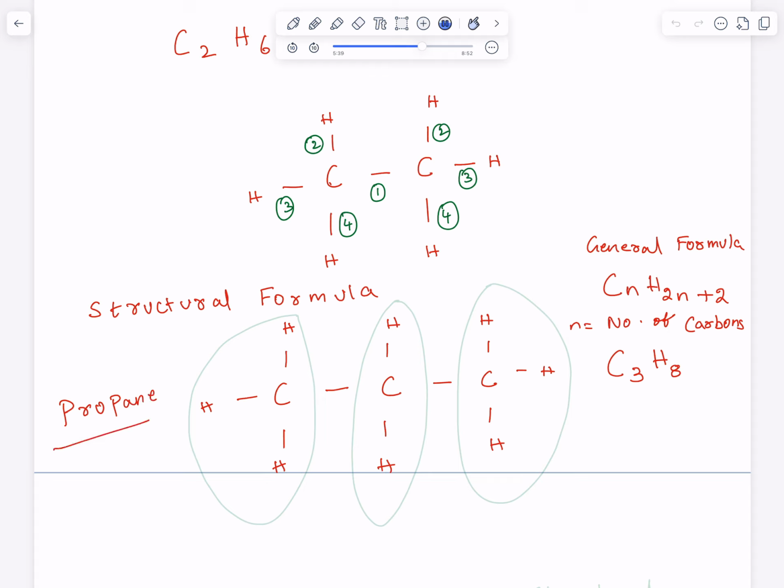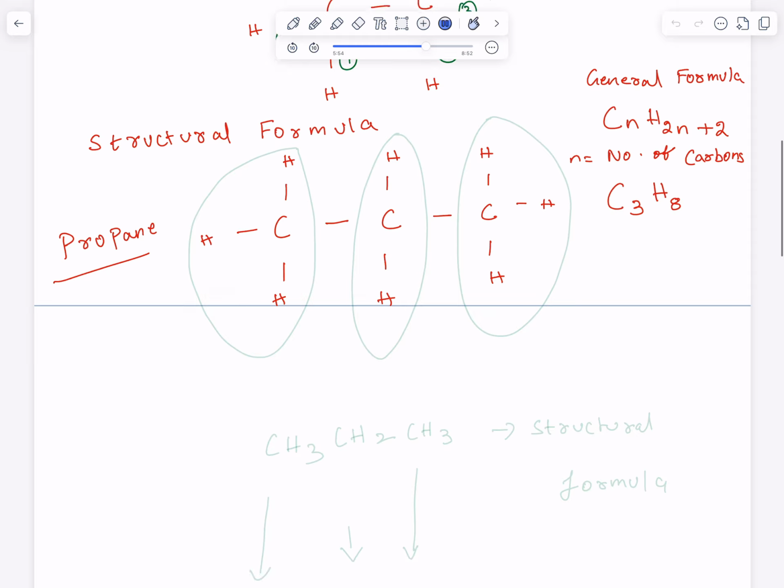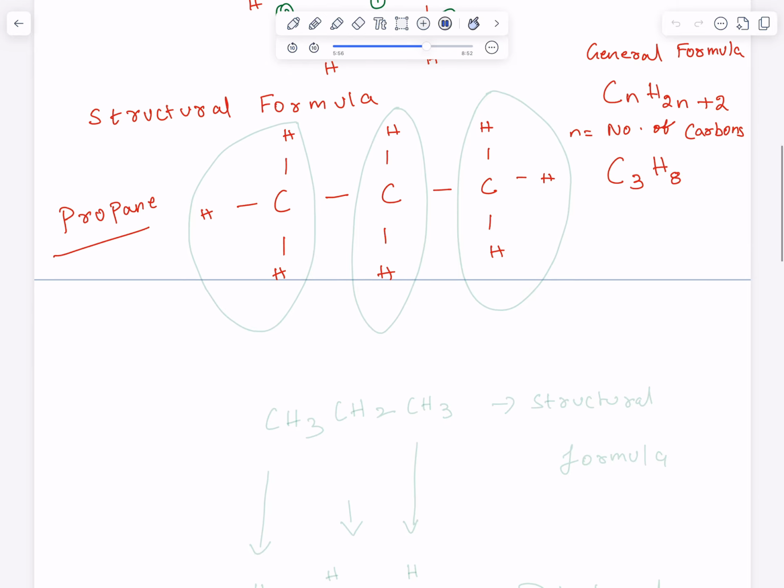For GCSEs, according to your specification, the maximum number of structural formulae you need to know how to draw in any homologous series is up to but. That is, for example, in alkanes, you need to know methane, ethane, propane, butane.